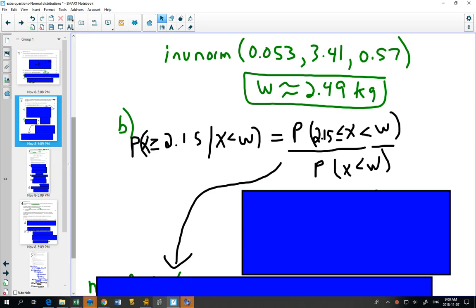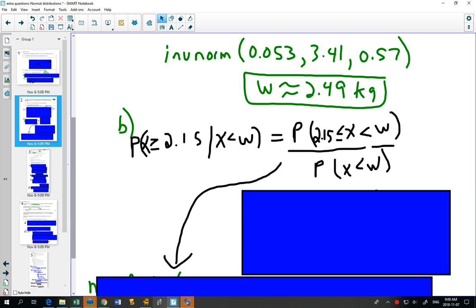Sometimes with probability, just writing out the notation makes you think, whoa, what does this all mean? It takes some time to think about what each of these things means. So we're finding the probability that x is greater than or equal to 2.15, given that x is less than w, meaning that it has a low birth weight.